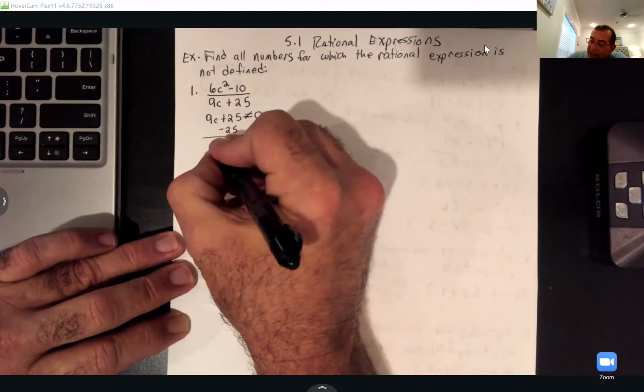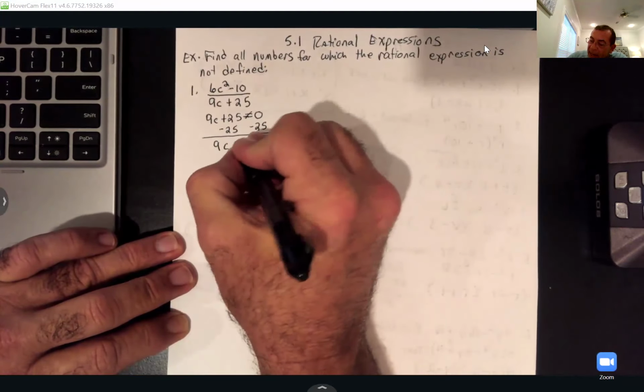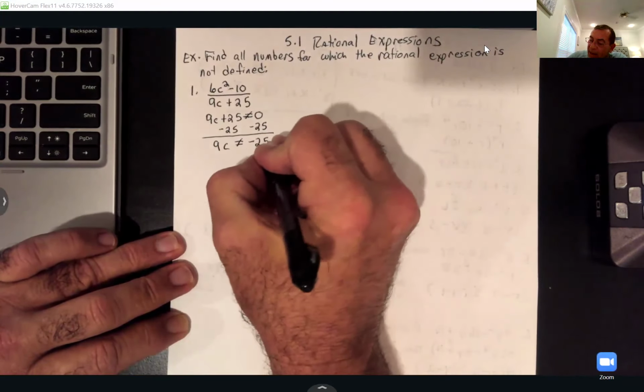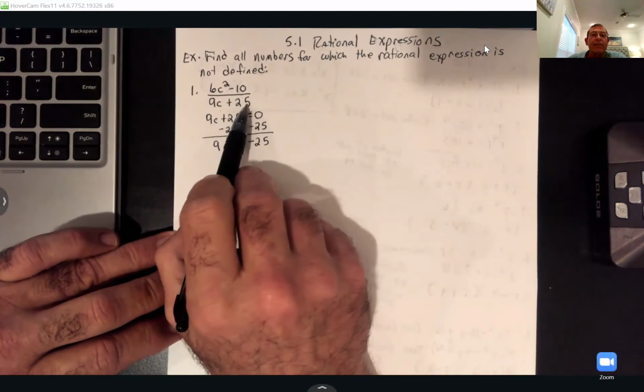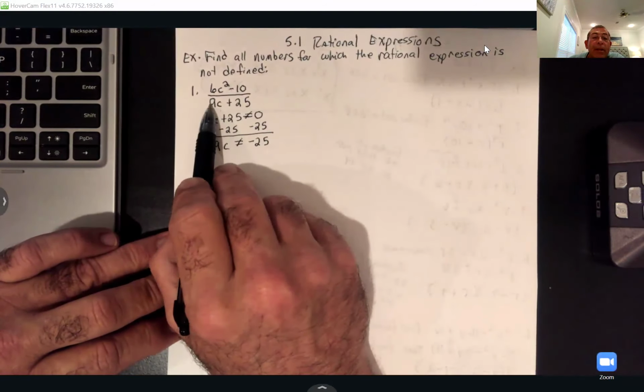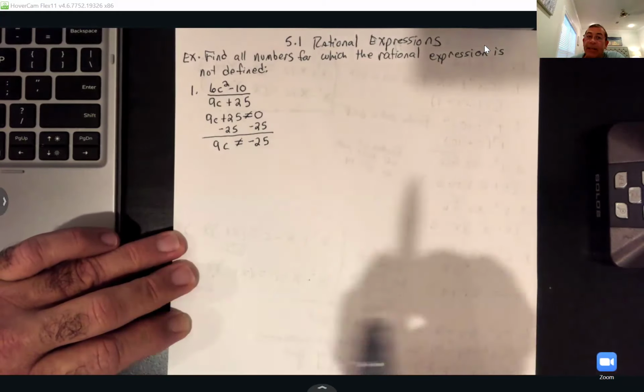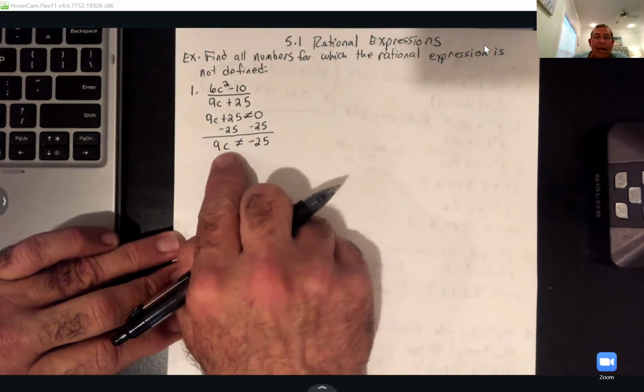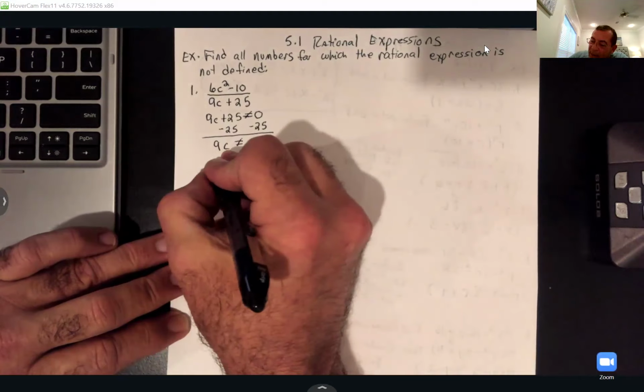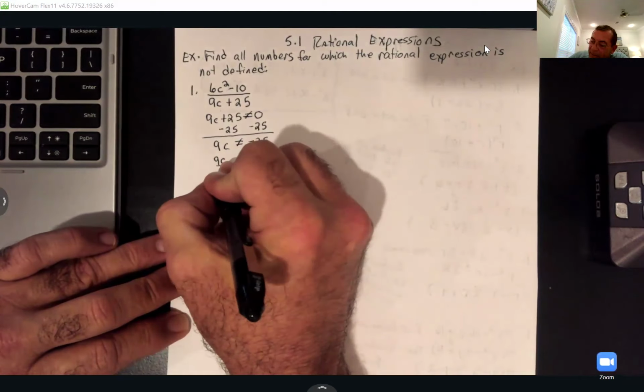So this is saying that 9C cannot equal a negative 25. Well, that makes sense. If this is 25, this can't equal negative 25 because that makes it equal 0. So now let's actually solve for the C by dividing by 9.